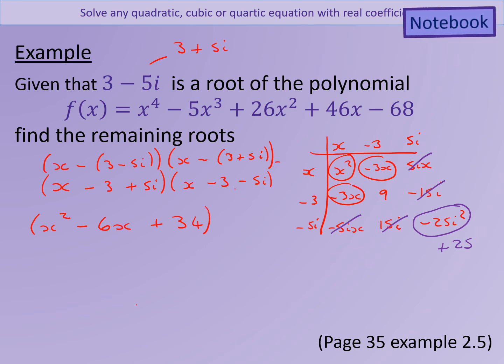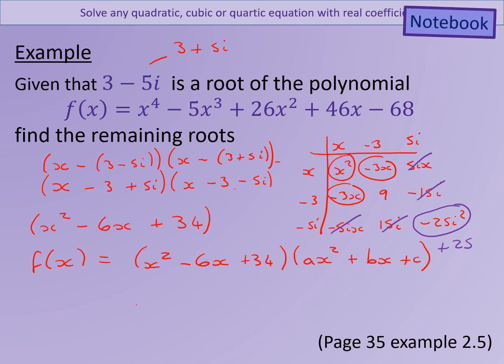We now know f of x comprises of the first quadratic factor that we've found and a second quadratic factor, which we need to find the coefficients to. So by inspection, we can see a is going to equal 1, so that ax squared times x squared equals x to the 4.